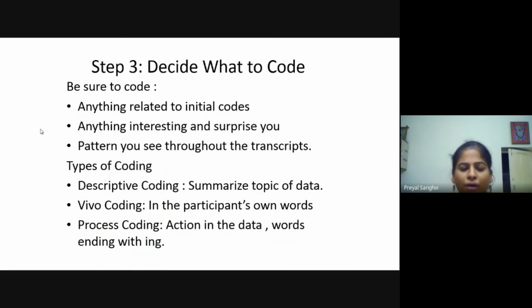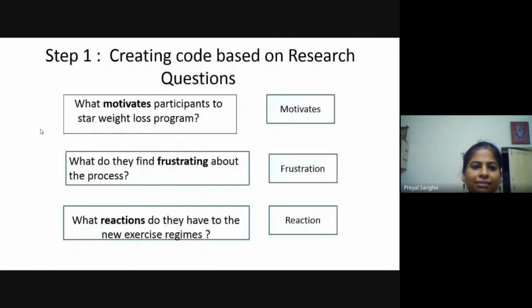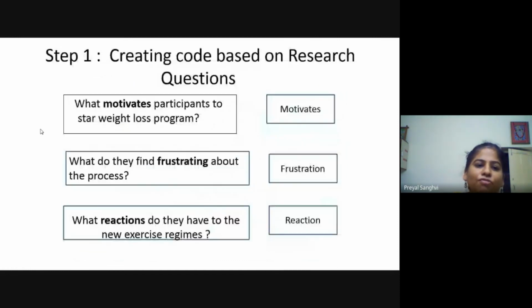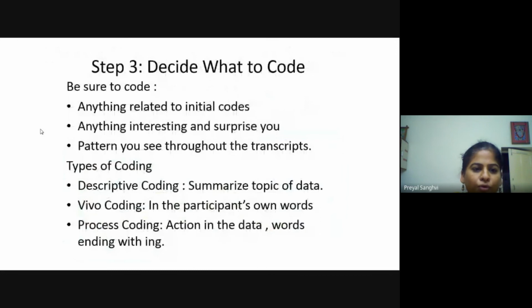If we talk about descriptive coding, it summarizes the topic of the data. We saw that in the first example, where this paragraph is all about the breakfast routine. That's why we coded it as breakfast routine. So this is an example of a descriptive code, where we summarize the topic of the data.